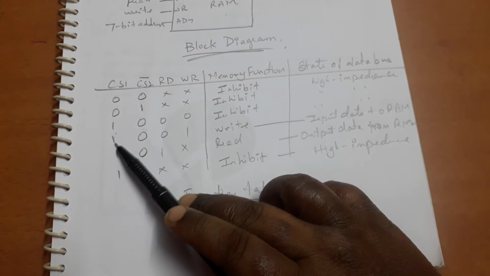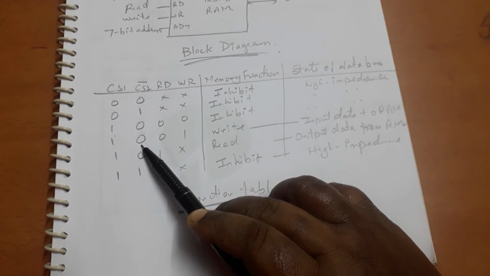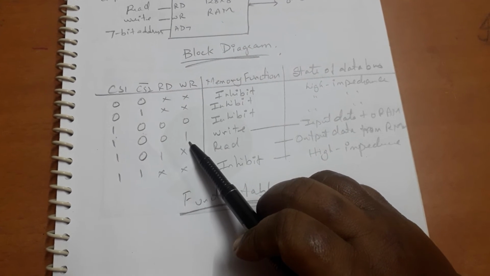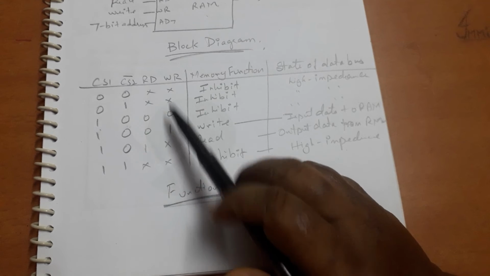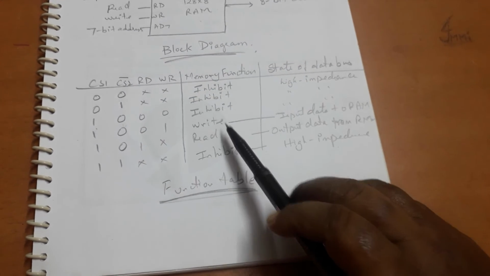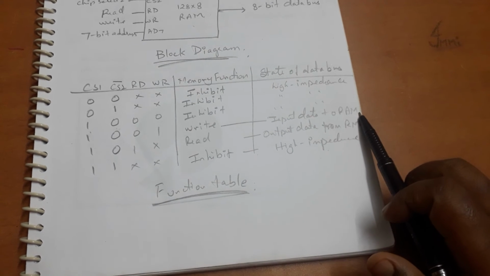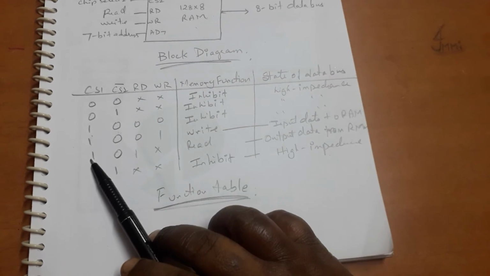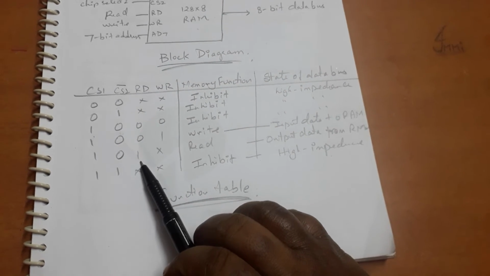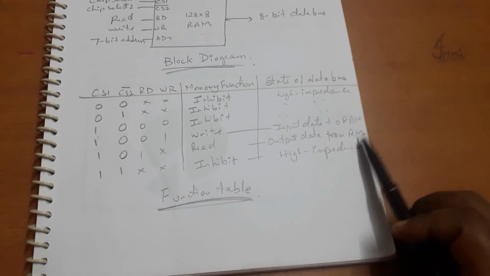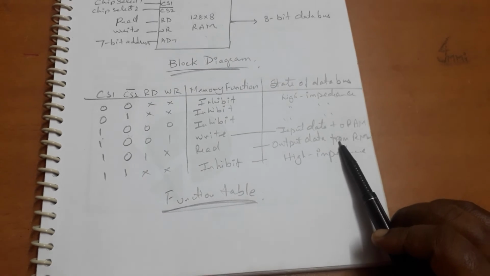Here, with 1, 0 applied correctly, one of the operations is enabled, that is the write operation. When you have the write operation, the memory function is write, and you input data to the RAM. When you apply the read operation, you output data from the RAM.